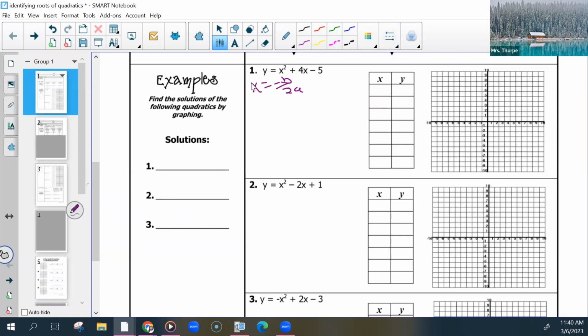And remember that you'll have the choice of which you want to use or do. So this would give us -4 over 2 times 1. Which would just be -4 over 2. Which would just be -2.